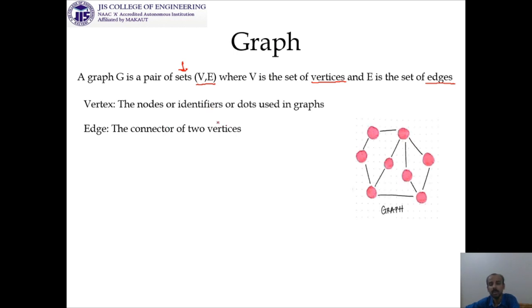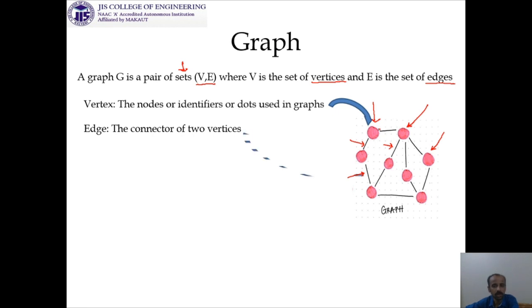So if we take this one as the pictorial representation, this one is my vertex, this one is my vertex, this one is my vertex, and so on, and these are my edges. So this is the representation of a graph where we get vertices and edges in this form.